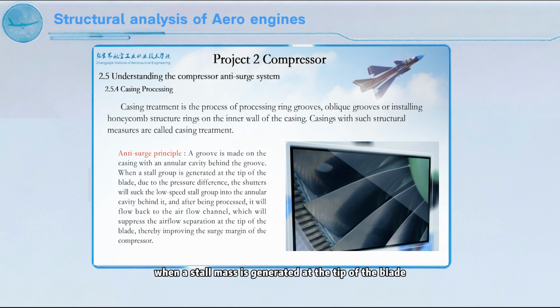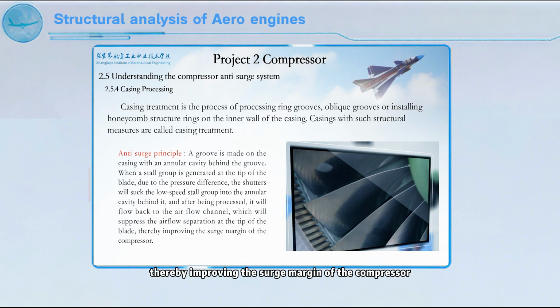When a stall mass is generated at the tip of the blade due to the pressure difference, the shutters will suck the low-speed stall mass into the annular cavity behind it, and after being processed, it will flow back to the airflow channel, which will suppress the airflow separation at the tip of the blade, thereby improving the surge margin of the compressor.